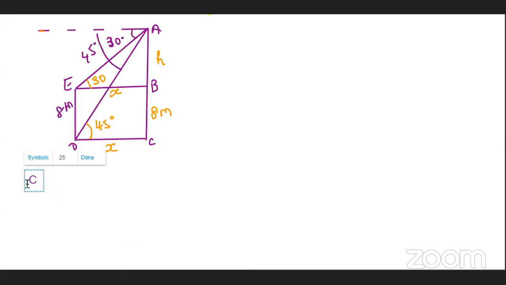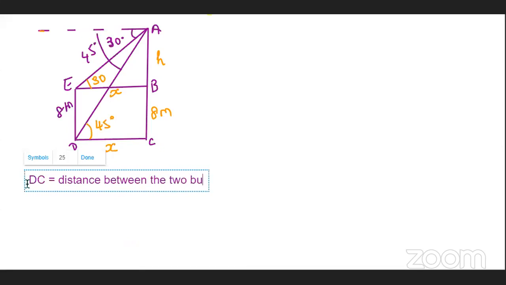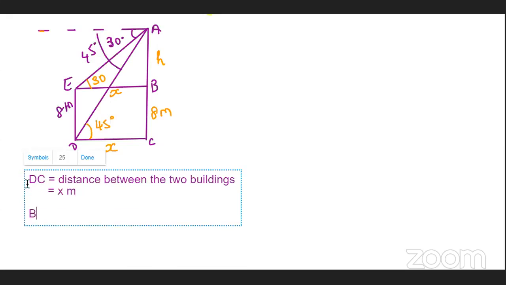So here, DC is the distance between the two buildings, which is equal to X meters. DE is the height of this building, which is 8 meters.